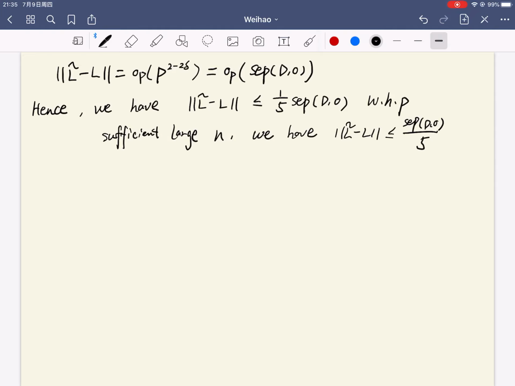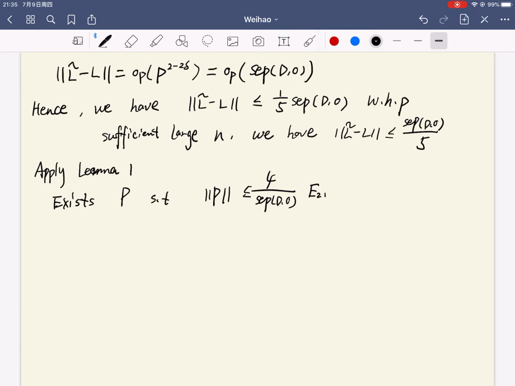Now we can apply lemma 1. There exists a matrix P such that, and this is the submatrix of the perturbation.